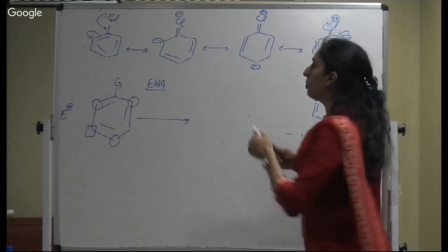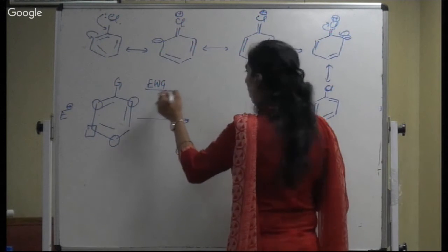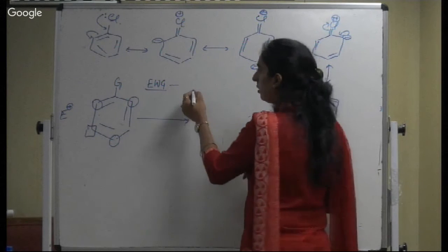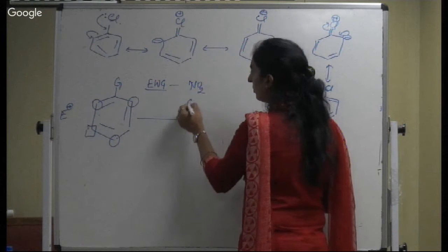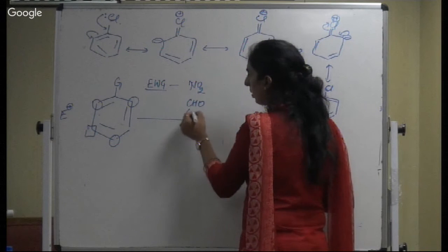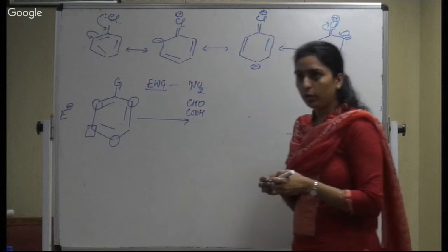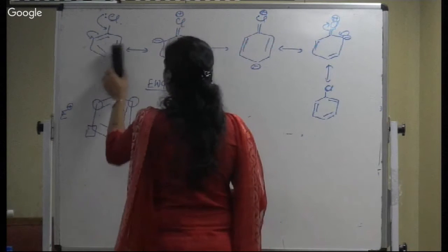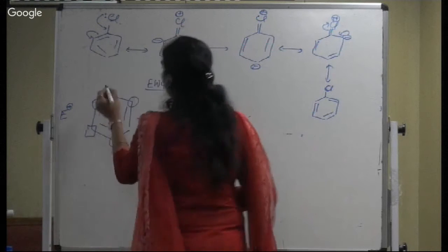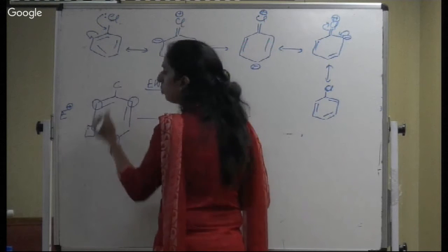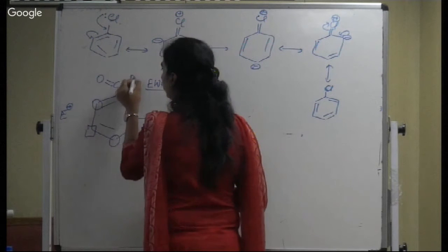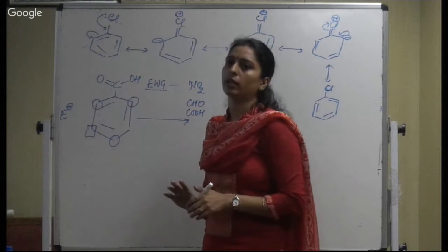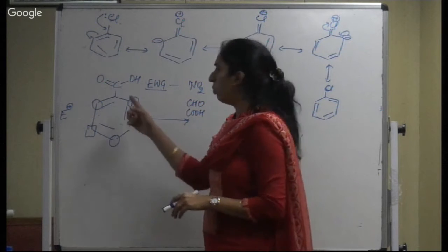And such groups, do you know how to identify which group is electron withdrawing? Can you identify? If the atom which is bonded to the ring has a multiple bond, for example carboxylic, it would be meta directing, no matter whatever the group is.